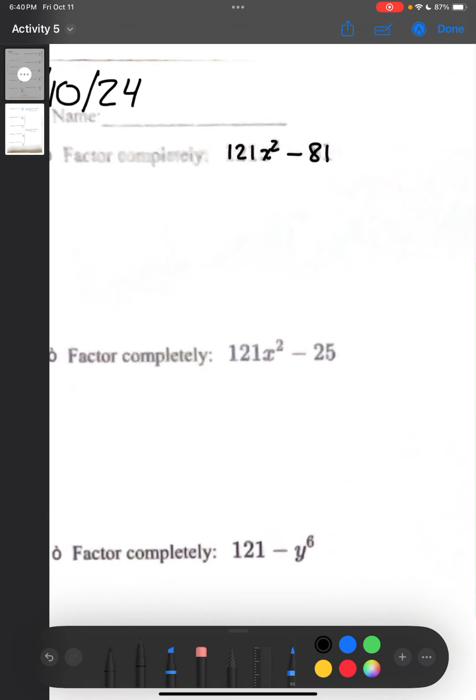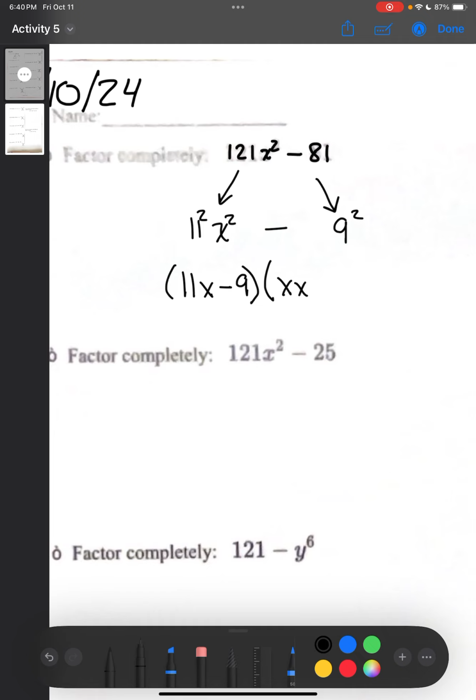They want you to notice that it's a perfect square. So this can also be 11 squared, x squared, minus 9 squared, which they want you to get to that form of 11x minus 9 times 11x plus 9.